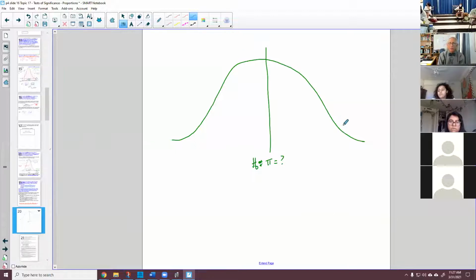And I find out that I'm way over here. If I have a p-value, if this area under here is 0.05 or less, I reject the null hypothesis. I think that's kind of what we need to remember right now.